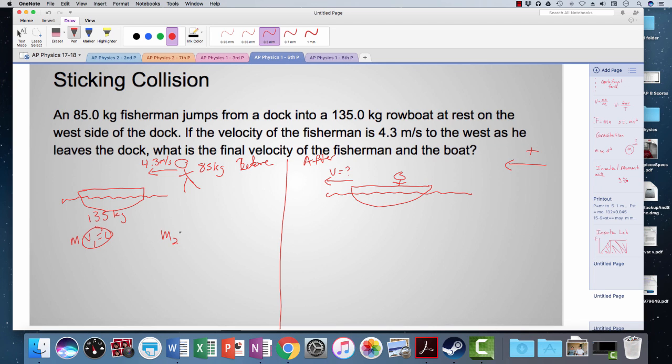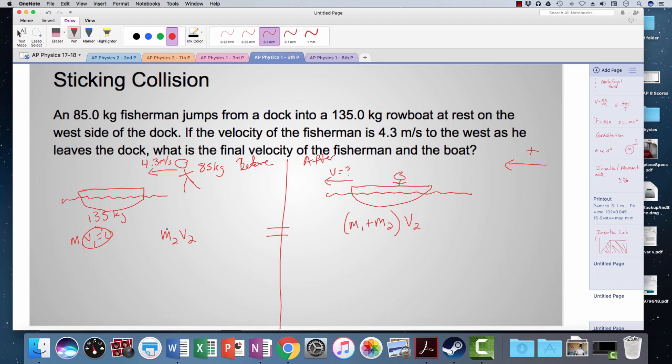So the mass of the person times the velocity of the person equals, in this case, both these things together, right? The man is in the boat, so the boat and the man are both moving together. So when you do the momentum of the whole thing, it's the total mass of those two things times the velocity of the boat. And there's our equation.